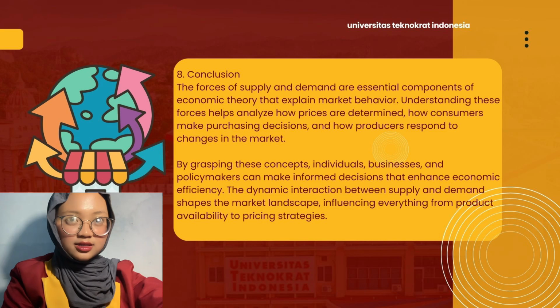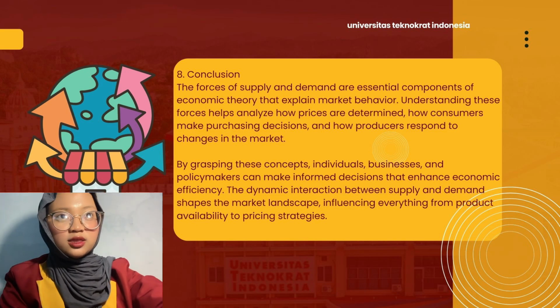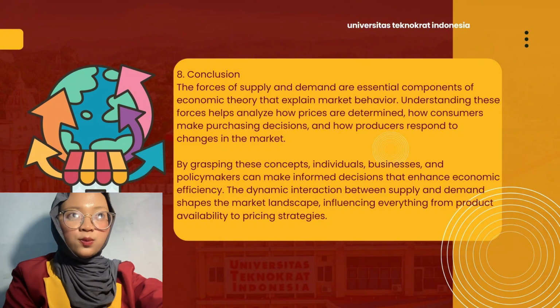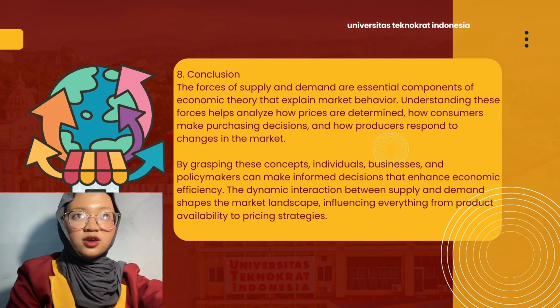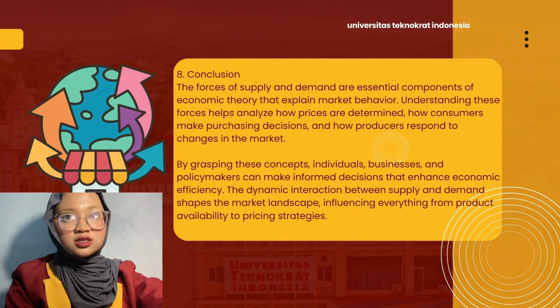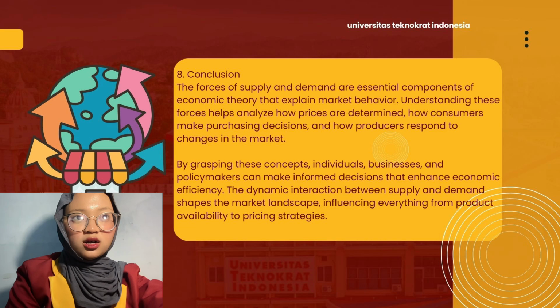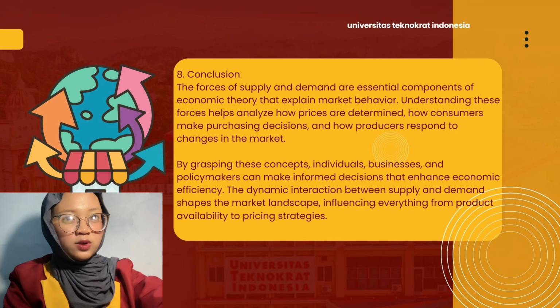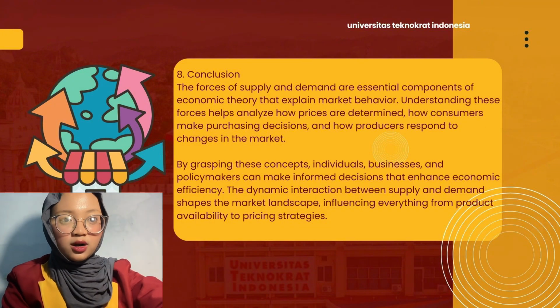Conclusion. The force of supply and demand are essential components of economic theory that explain market behavior. Understanding these forces helps analyze how prices are determined, how consumers make purchasing decisions, and how producers respond to changes in the market.